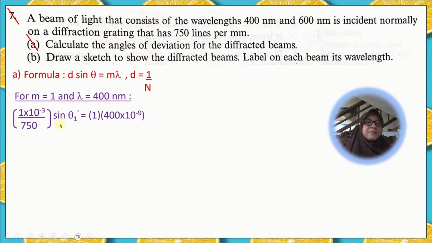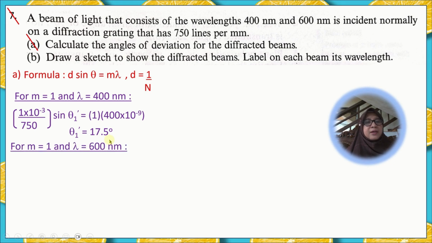And 750 lines, sine theta 1 prime. Let's say we call the first angle for m1 sine theta 1. Substitute the wavelength and we get the angle of diffraction is 17.5 degrees.